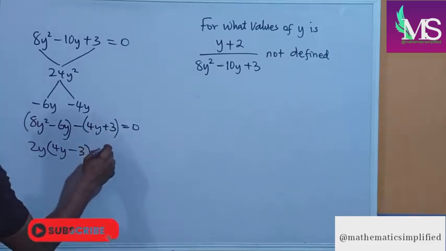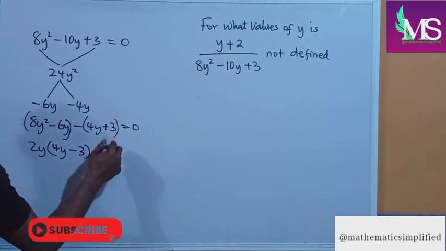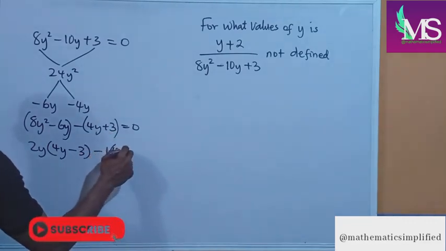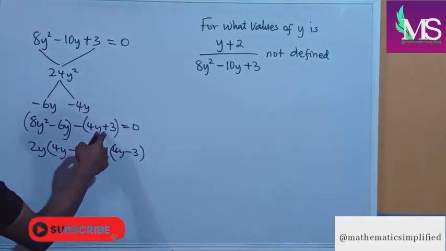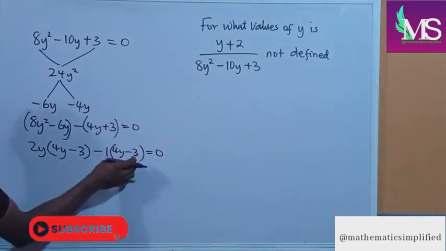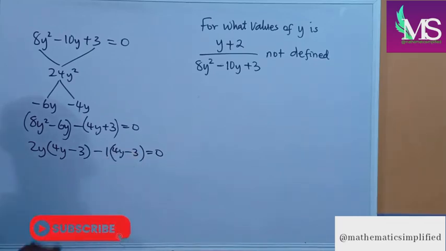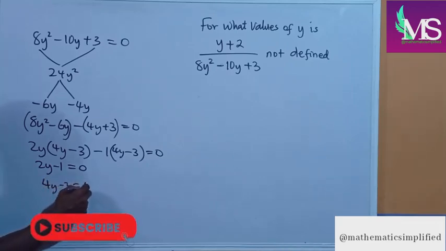What's common here is 1. If we remove 1 from each, we have 4y minus 3. Minus times minus will form a plus. Now you can see we have like terms in our brackets. So we bring these together as 2y minus 1 equals 0 and 4y minus 3 equals 0.